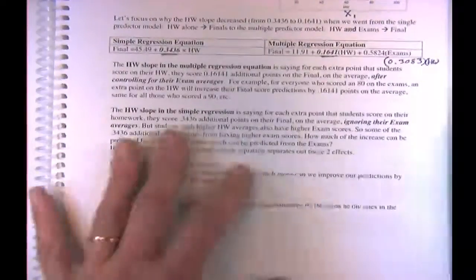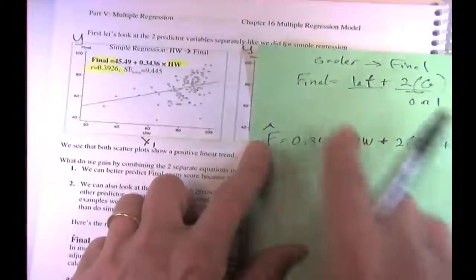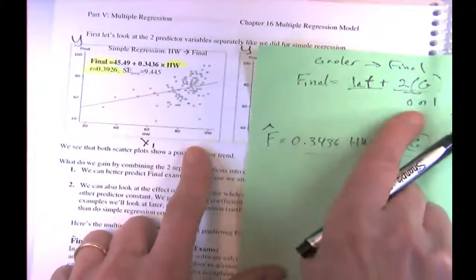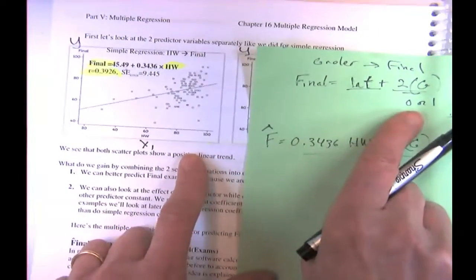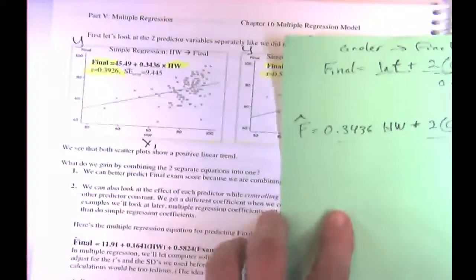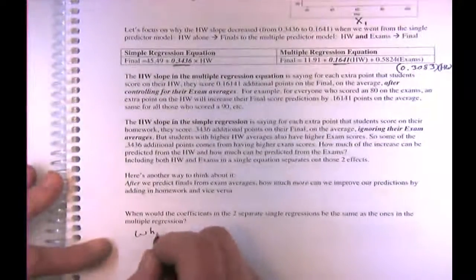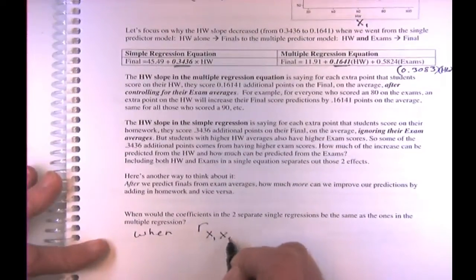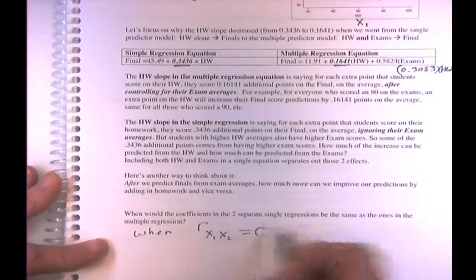We just did that when we looked at these two examples. If you have something that's totally uncorrelated, like the grader had nothing to do with the homework, it was random, then it would be when the correlation between x1 and x2 is equal to 0.